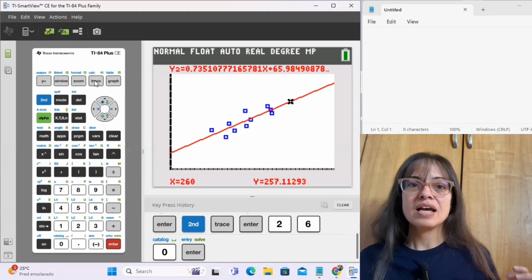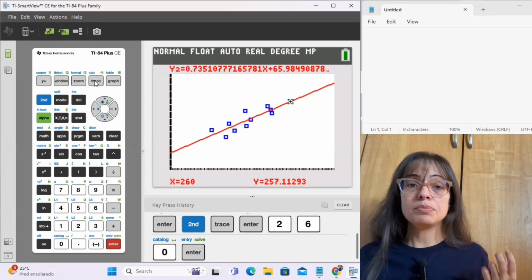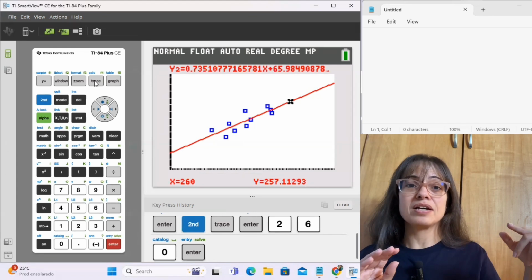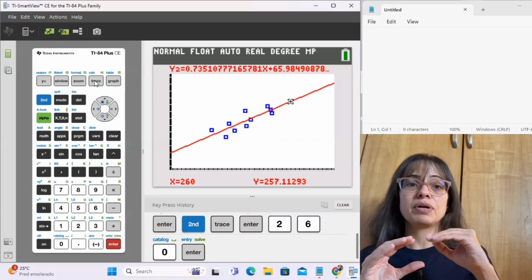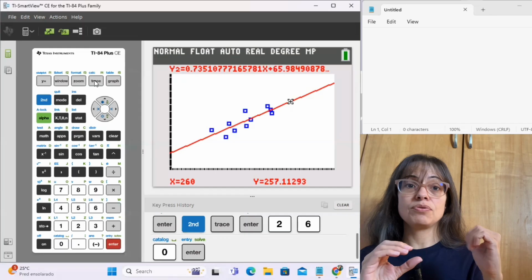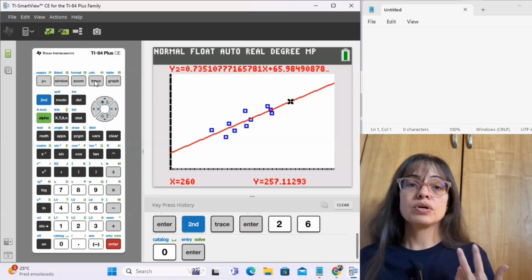Exactly the same process. However, what you can see in this picture is that this time the number that I am predicting is outside of the scatter plot. All of the points are here and my new point is over here. In the previous example, when it was 230, the points were here and 230 was somewhere in the middle, okay?